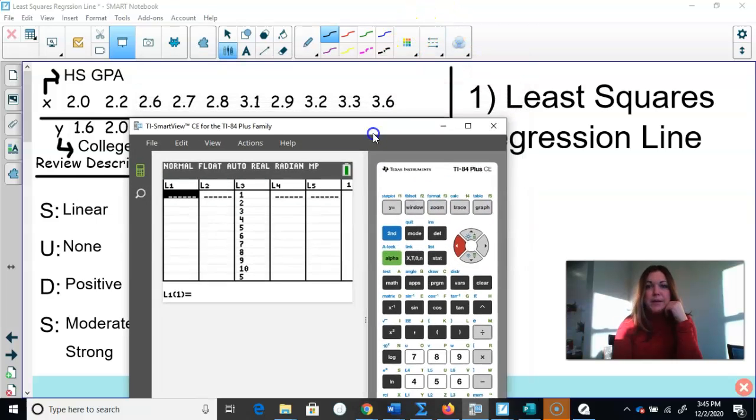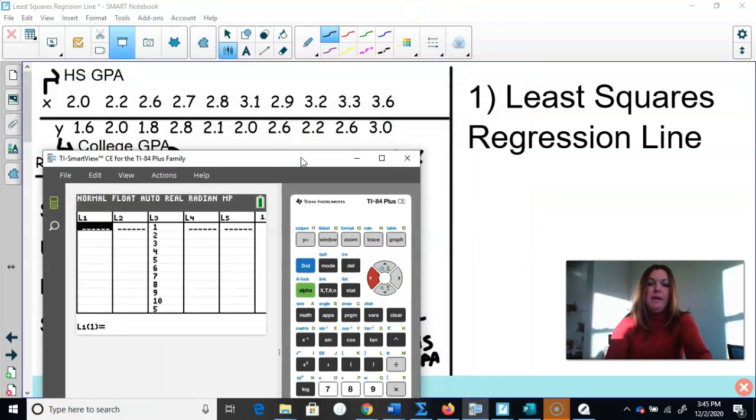Okay, next we want to enter that data. My first one is 2, then I have a 2.2, a 2.6, a 2.7, a 2.8, a 3.1, a 2.9, a 3.2, a 3.3, a 3.6.